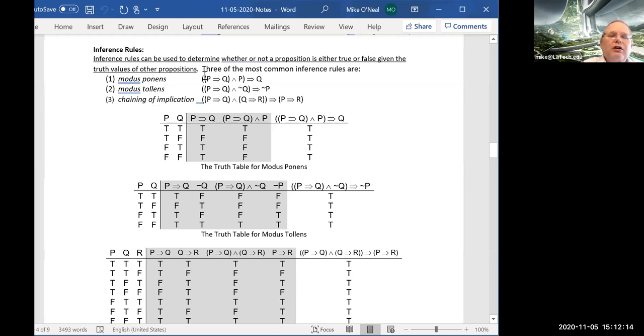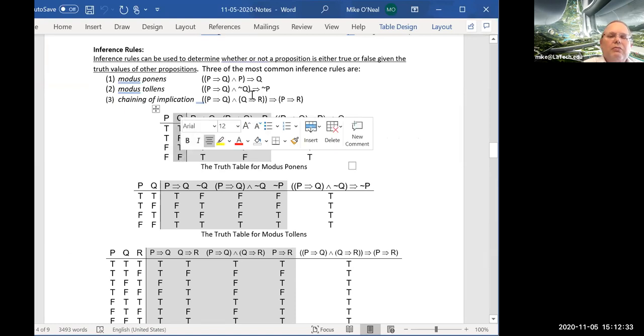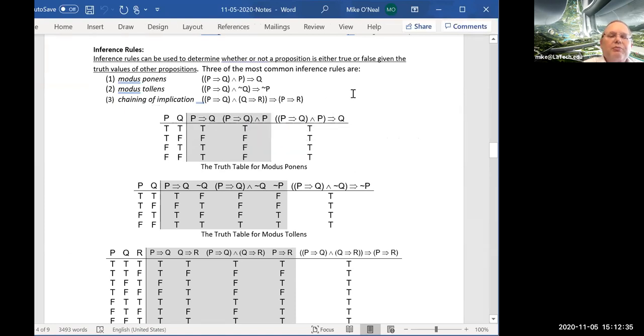But also, look, what we're saying here is "implies Q." So take this column right here and imply it with the Q column, using the implication operator that we've defined.